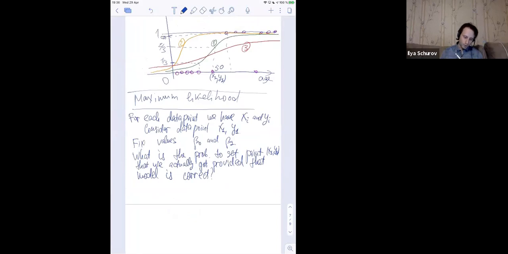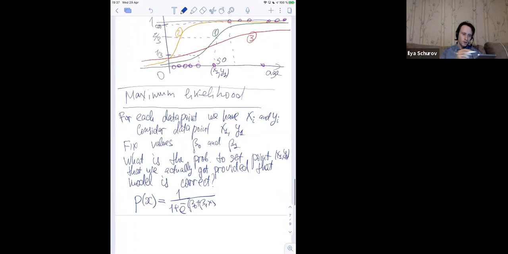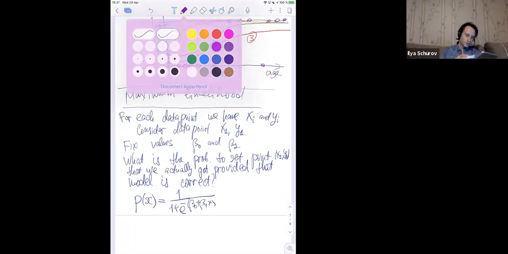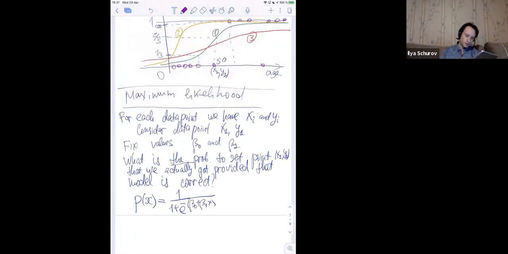So if the model is correct, then P of X equals 1 over 1 plus e to the power of this thing. How can you answer this question?